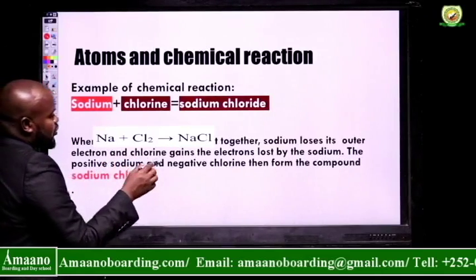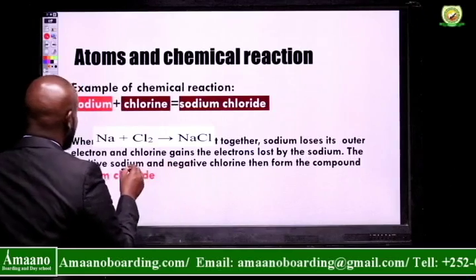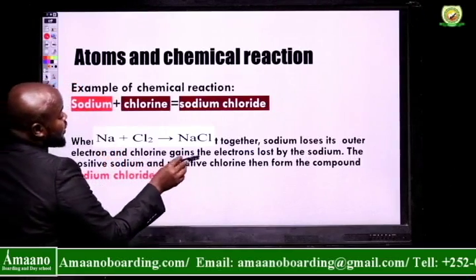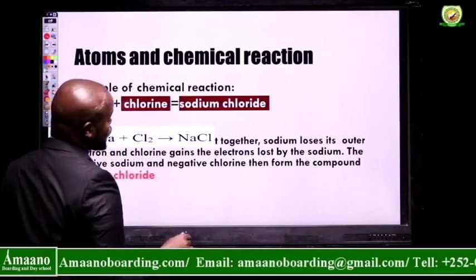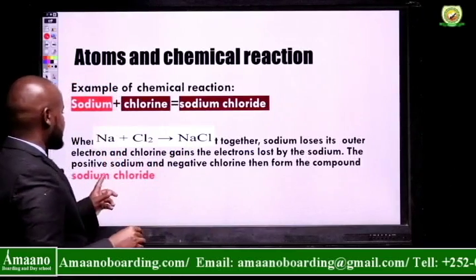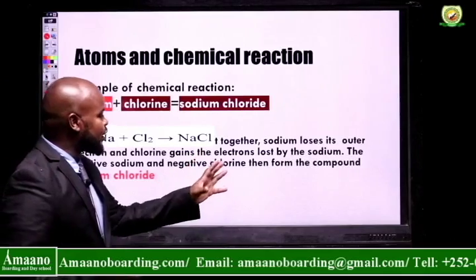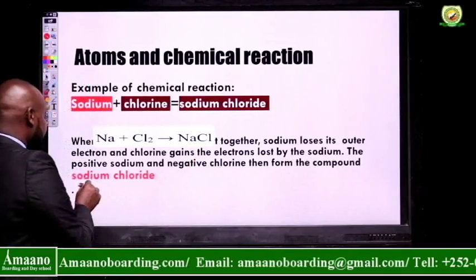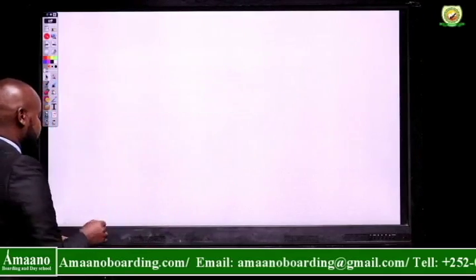When these react together, sodium loses its outer electron, and the chlorine gains the electron lost by the sodium. That's what I've explained. The positive sodium and the negative chlorine then form the compound sodium chloride, right?